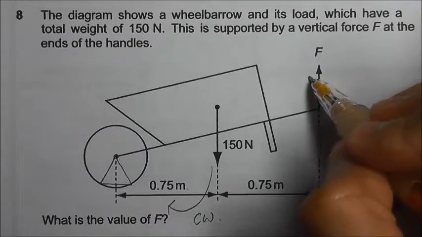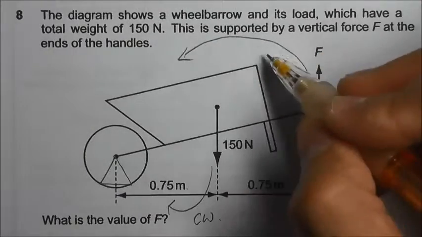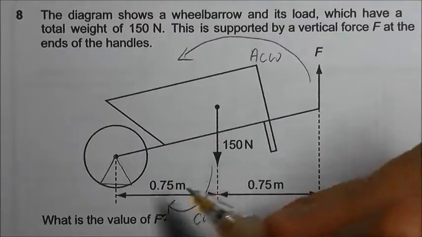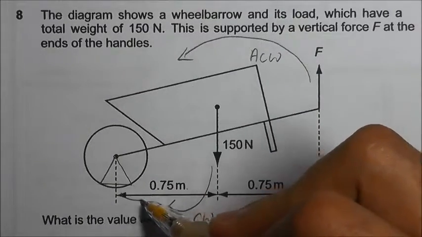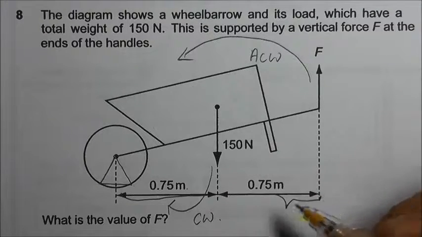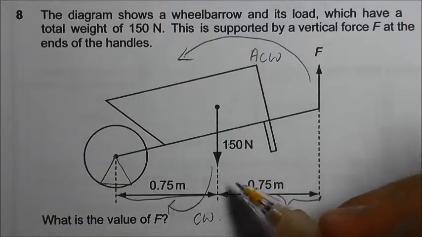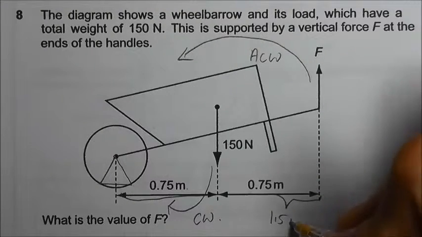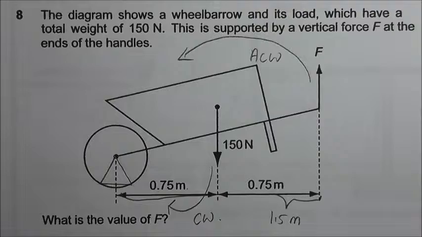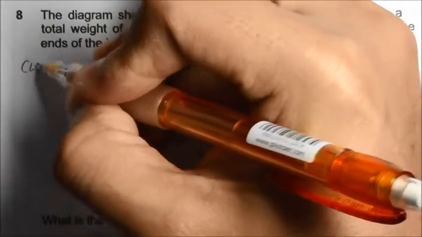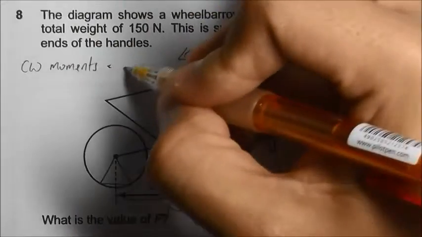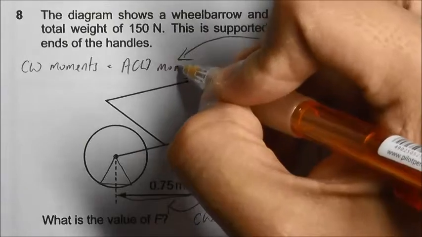So this force is going to create an anti-clockwise moment about this pivot, and the perpendicular distance is 0.75 plus 0.75 meters. That will give us 1.5 meter. Okay, so now we can use the principle of moment equation. Clockwise moments is equal to anti-clockwise moments.